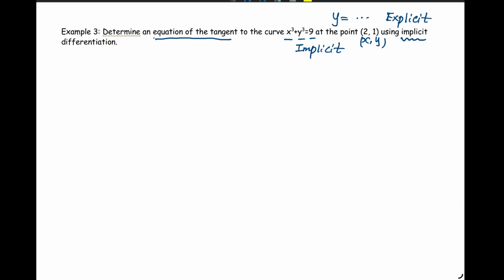And whenever you see equation of the tangent, we know we are looking for the equation of the line. So y equals mx plus b, or the point slope form y minus y0 equals m times x minus x0.